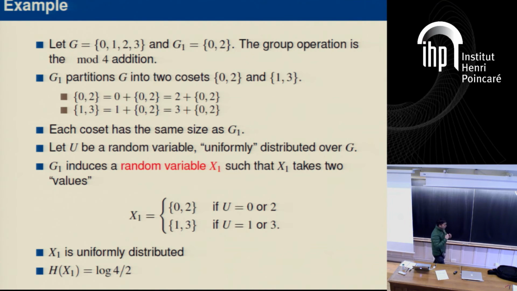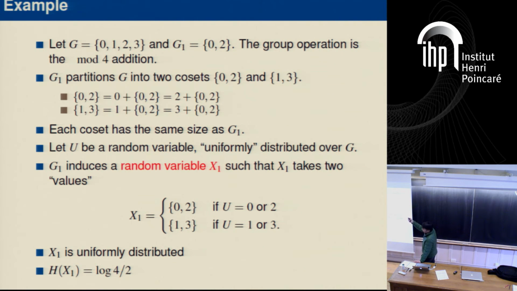Let's start with an example to illustrate the idea. I use G as the mod 4 addition, 0, 1, 2, 3. And as I said, my group G1, or S in my previous slide, is the subgroup 0 and 2. Now, this group G1 will partition G into two cosets. One is 0, 2.